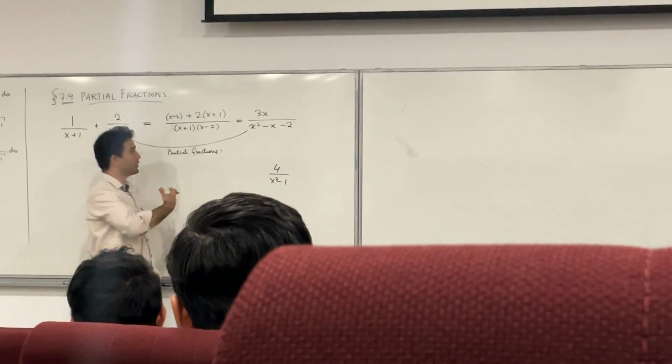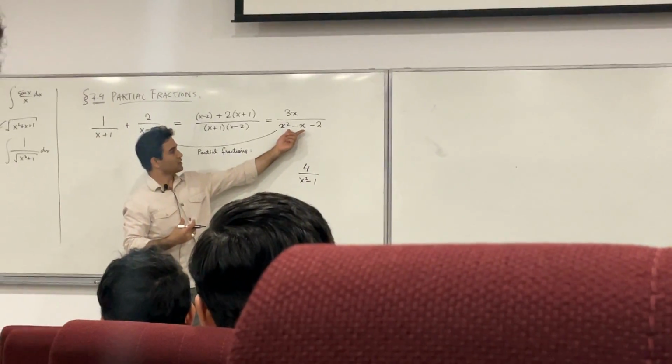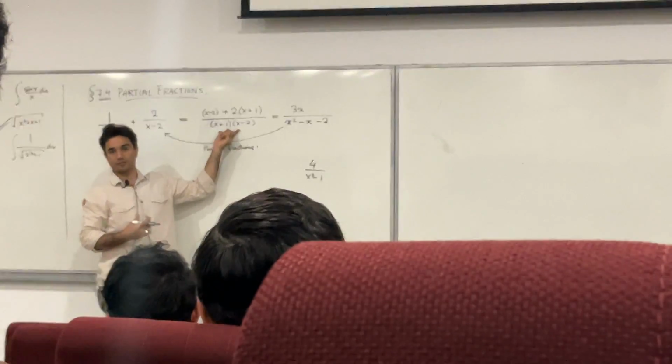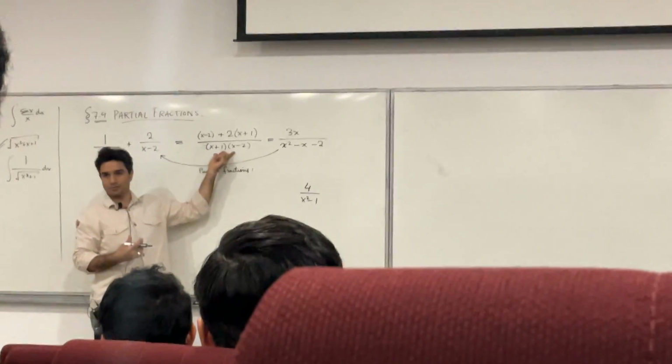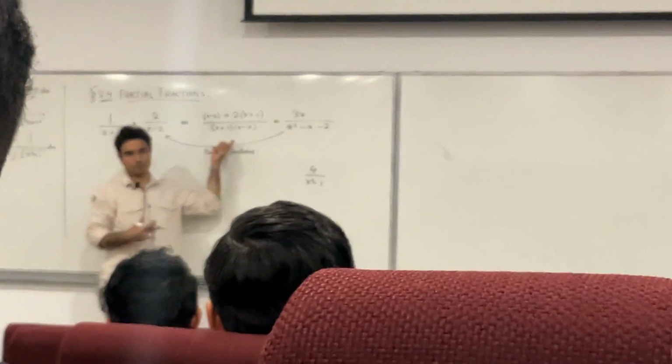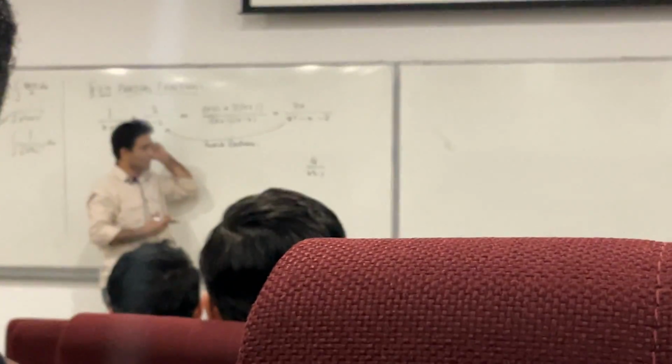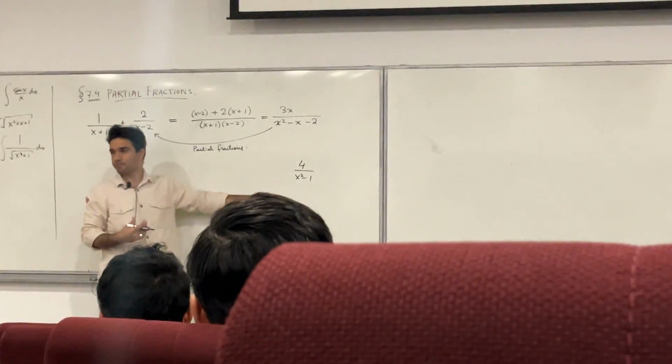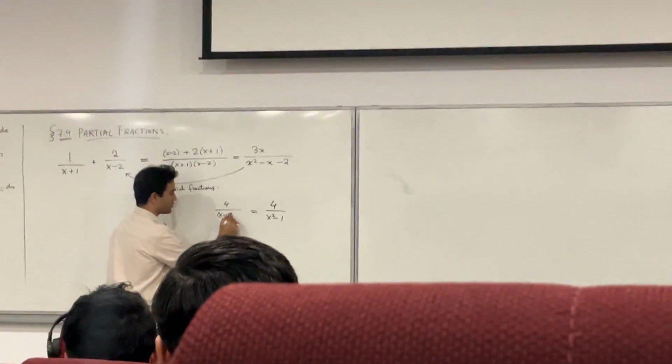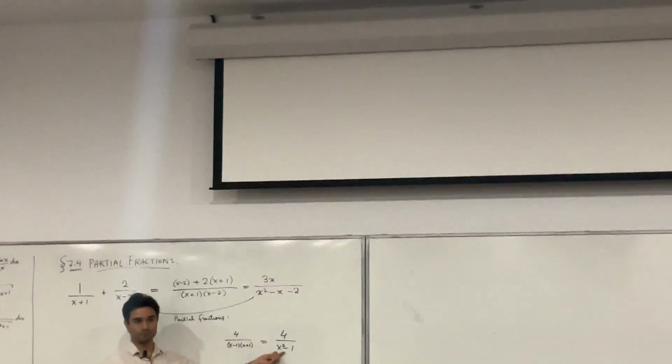To go back, first thing I need to do is see what that denominator is a product of. First thing to do is factor the denominator. Now how do you factor x squared minus 1? x minus 1 times x plus 1. Okay, so that means there is an x minus 1 and an x plus 1 here. That's just what the denominator is.